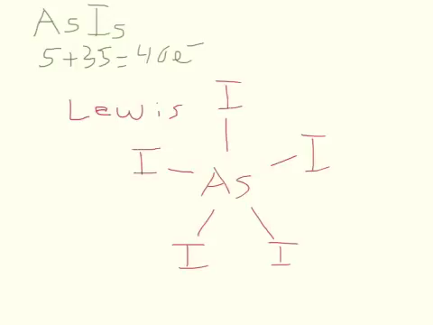I'll go ahead and fill in the electrons around the iodine. So that gives us 8 times 5, and that's 40, so we have the same number of valence electrons that we calculated up here.